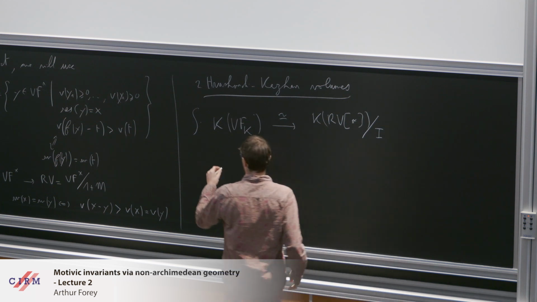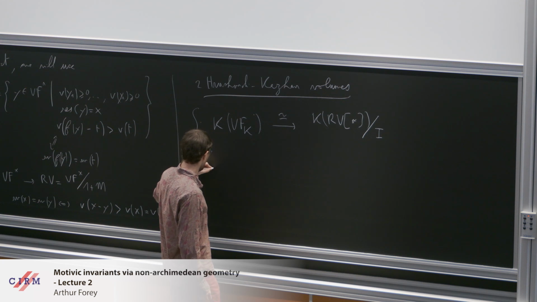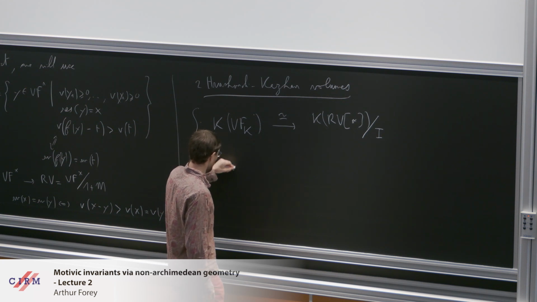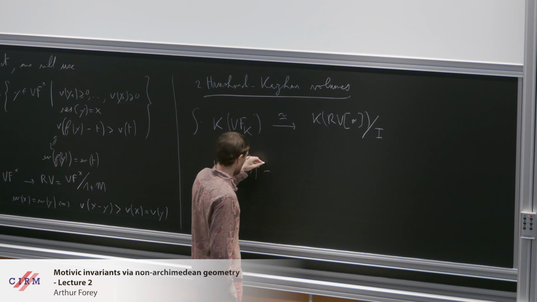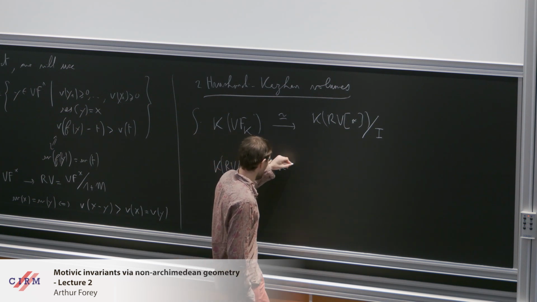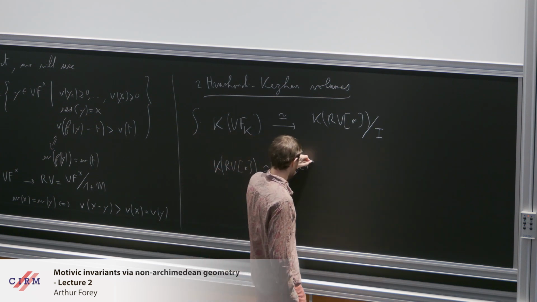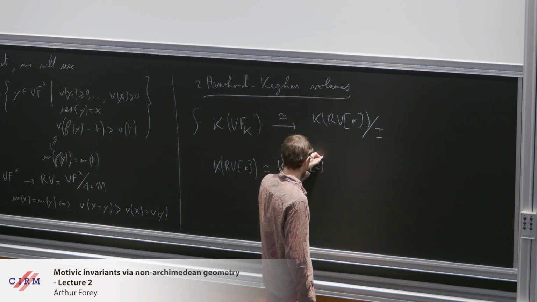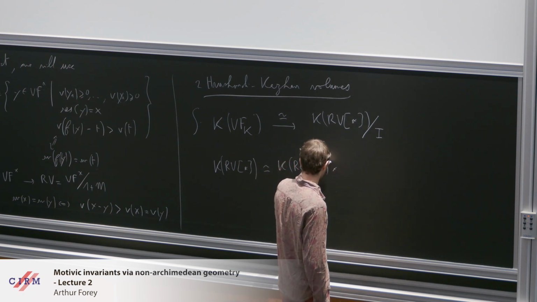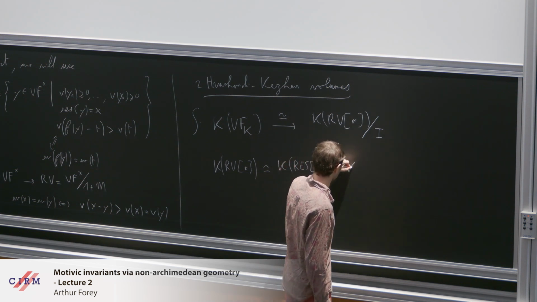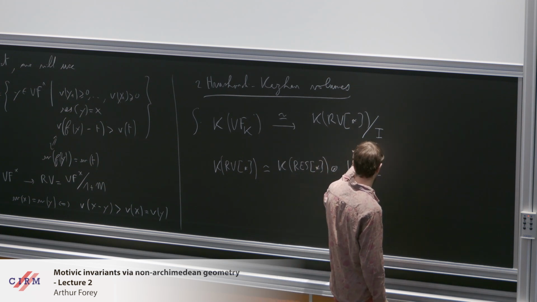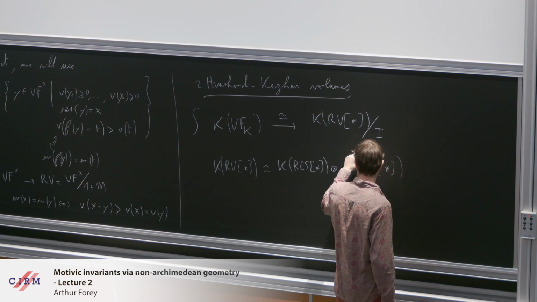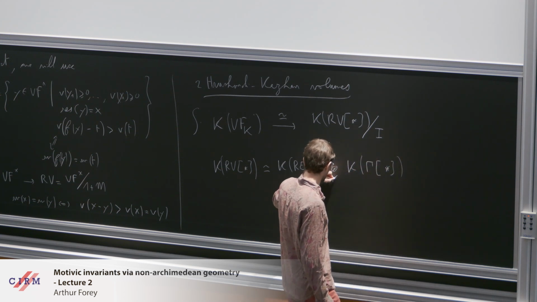What you can do is decompose this Grothendieck group of RV into something called the res part, which more or less will be the Grothendieck group of varieties, the part coming from the residue field, and the part coming from the value group.